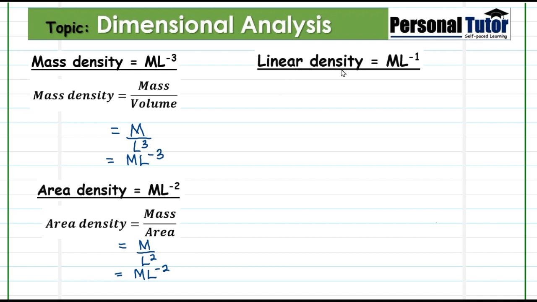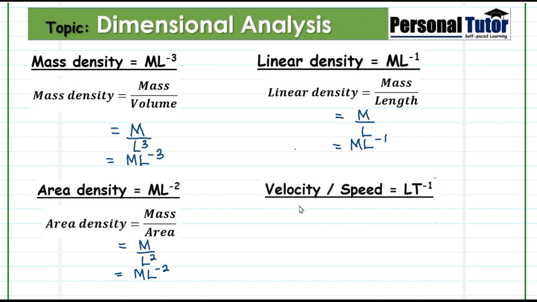Now for the linear density, it has its expression as mass over length. Mass has the dimensional unit M and that of the length is L, and the exponent is 1. If this is written in the linear form, it will be ML exponent negative 1. So that is that for the linear density as well.